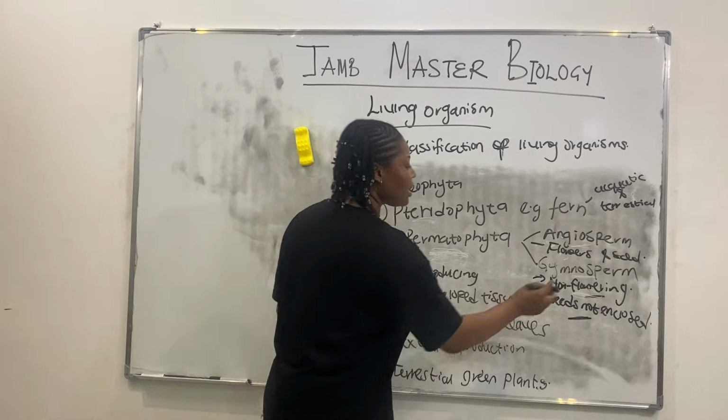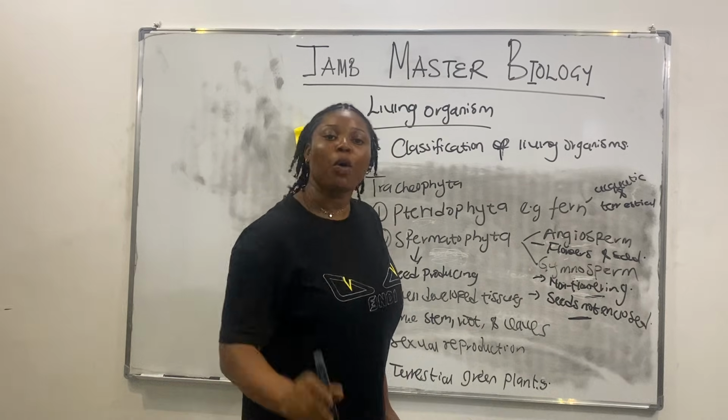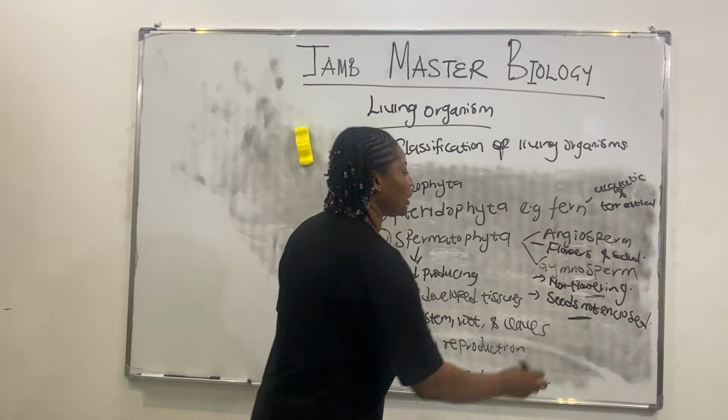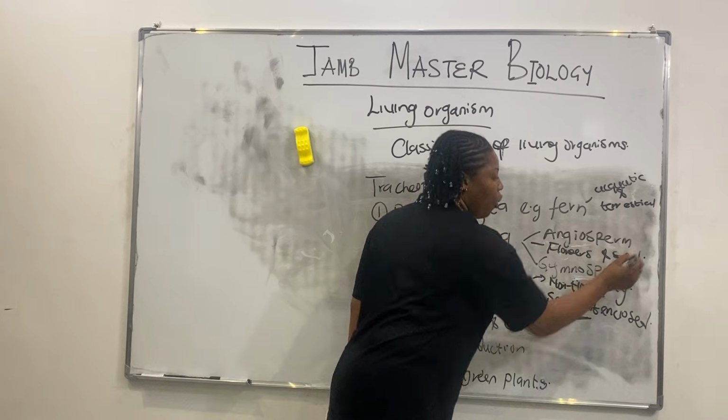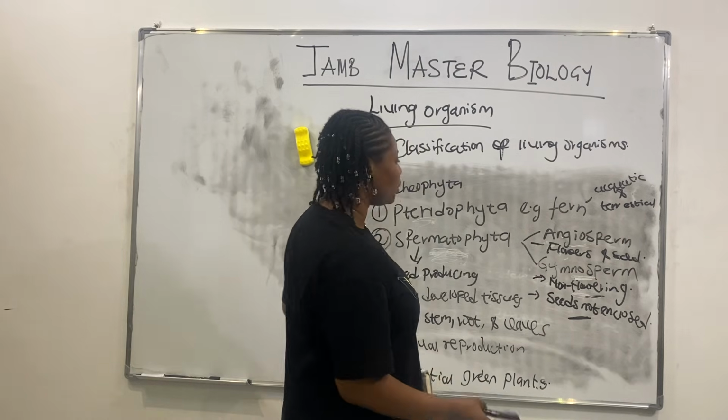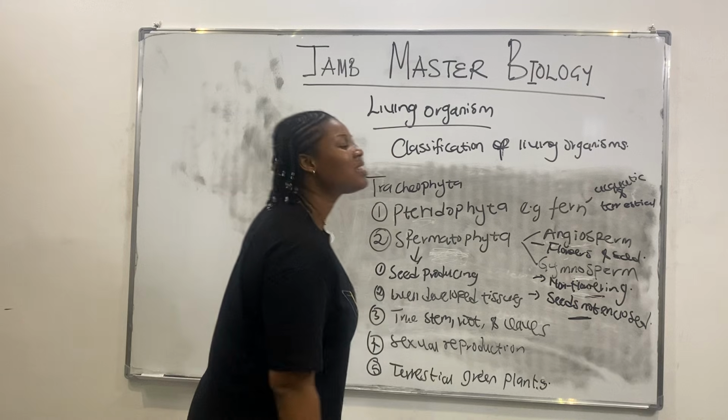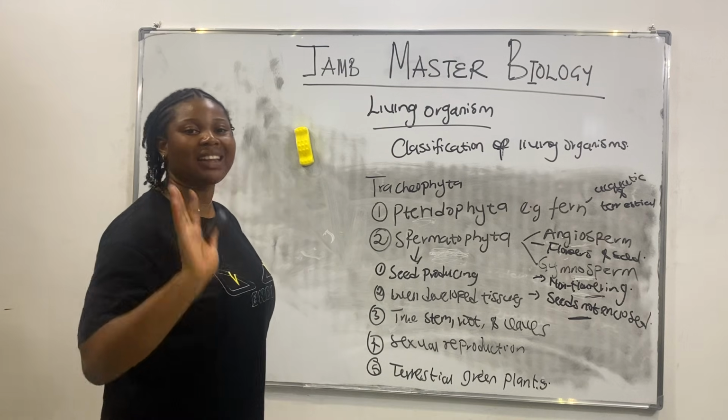It means that they are what? Gymnosperm. But any tree now that you see that has flowers and their seeds are covered, it is what? Angiosperm. This is the simplest way for you to identify them.